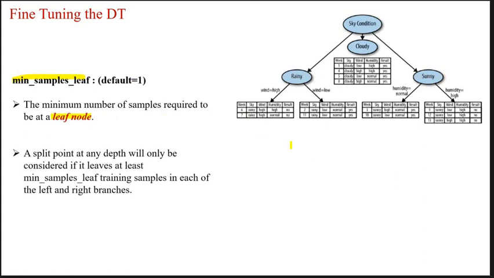Let's say the default value is 1. This leaf node has 2 samples, this one has 2, this one has 2, this one has 3. So the tree will keep on splitting until the leaf node has 1 sample. And again, we are gonna tune this parameter as well.